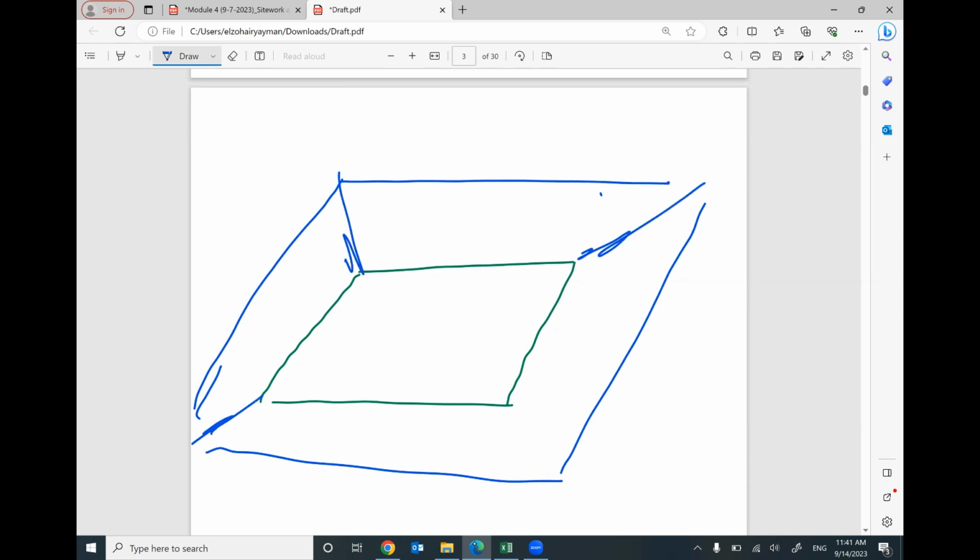Can you imagine, everybody? So this is the lower level and this is the ground surface. I hope you can imagine. This is the bottom level, the level of the excavation, and this is the ground surface.